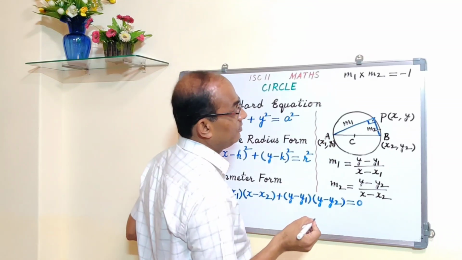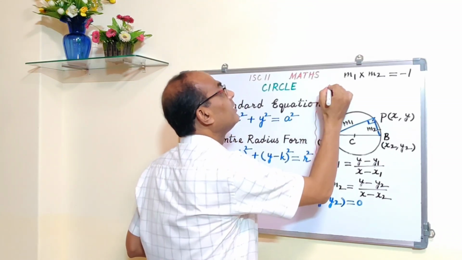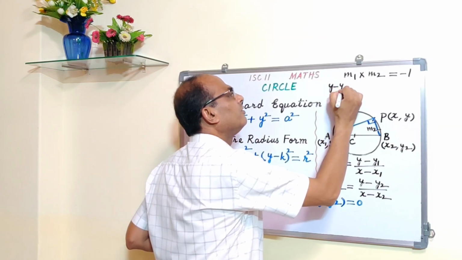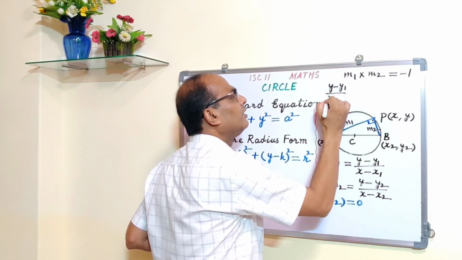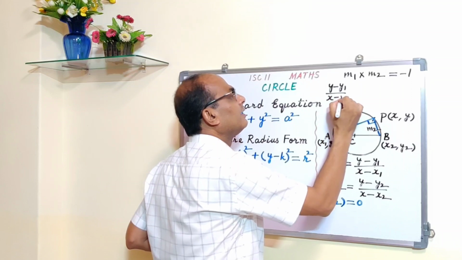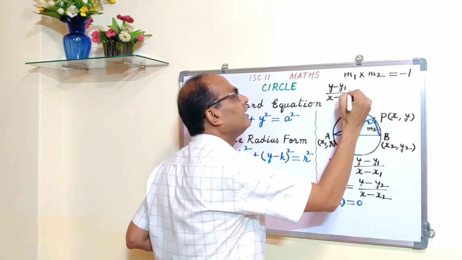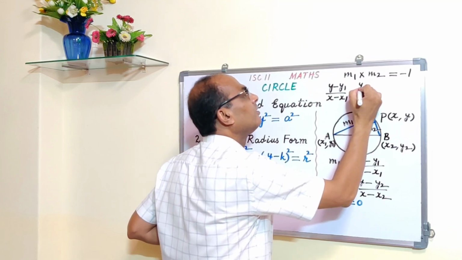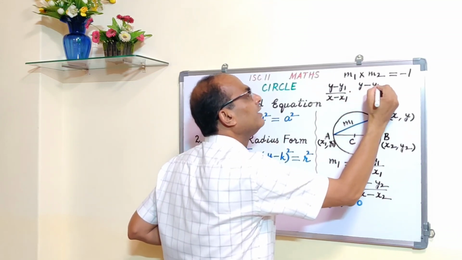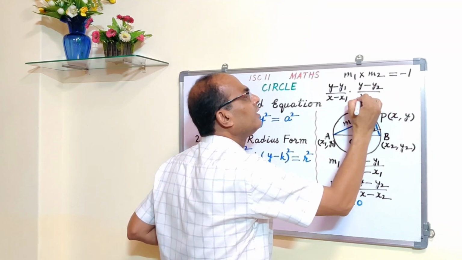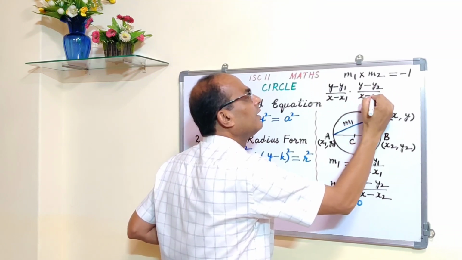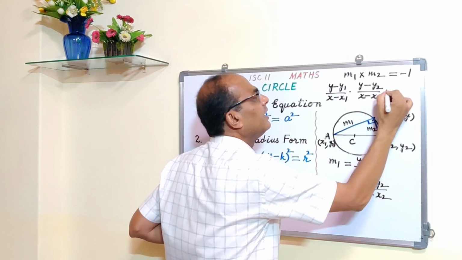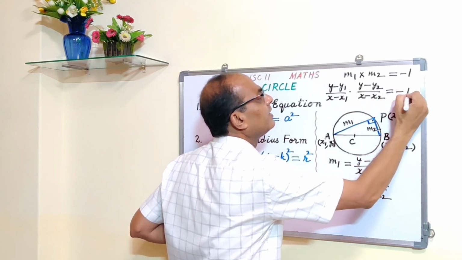So y minus y1 upon x minus x1 into y minus y2 upon x minus x2. Alright, and this is equal to minus 1.